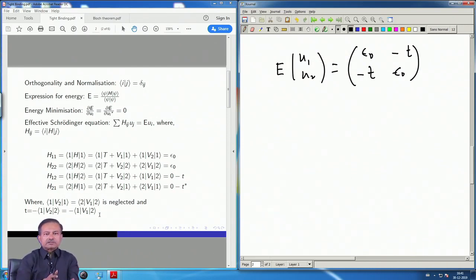As I said, it takes the electron from site 1 to site 2, or atom 1 to atom 2, or atom 2 to atom 1. So that is the way it gains energy. The system gains energy, delocalizes. The electrons gain energy. So the T here is positive. The negative sign is already taken care of. So this is my equation of motion, which is basically the Schrodinger equation written down here.